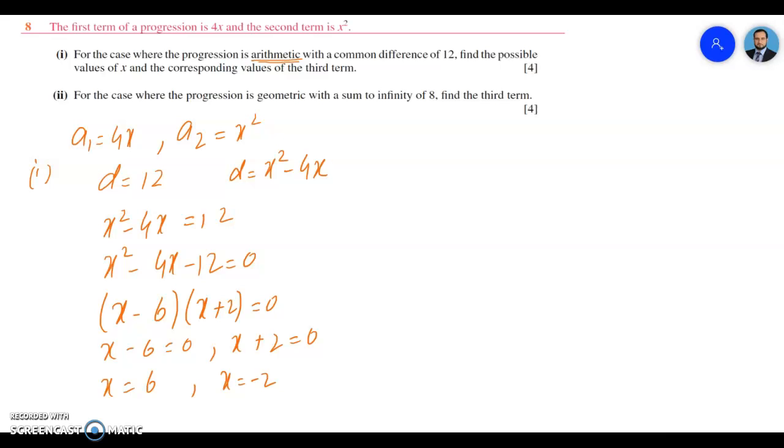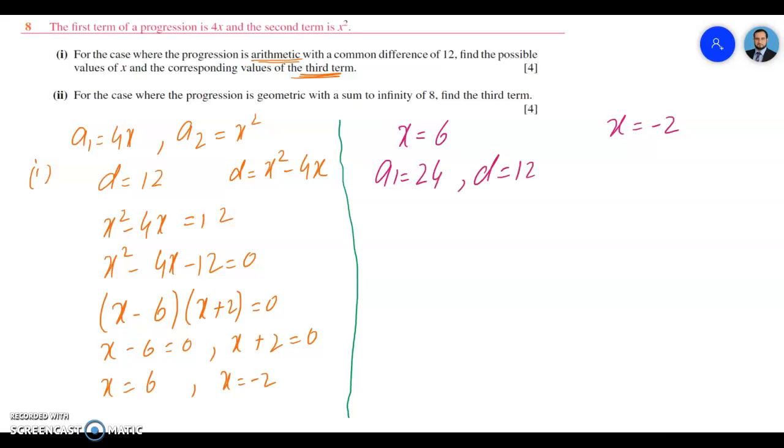And then it says for the corresponding values of x, we have to find the third term. So when x is 6 or when x is negative 2. When x is 6, a1 must be 4 times 6, which is 24, and d is 12.